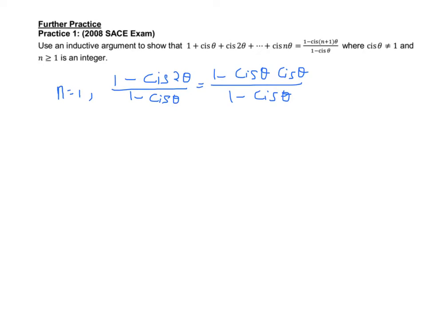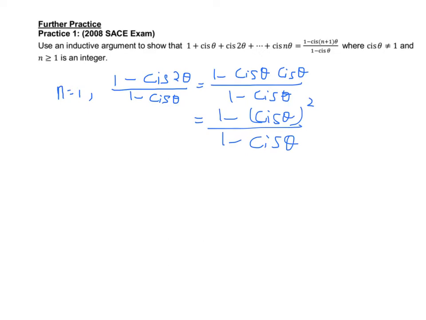Right, so as you can see, when n is 1, the right hand side of the expression gives you this one, so it becomes n plus 1, therefore it's 2 theta. And I know about polar forms that sec 2 theta is actually equivalent to sec theta times sec theta. In other words, this is really 1 minus sec theta squared, and this is 1 minus sec theta.